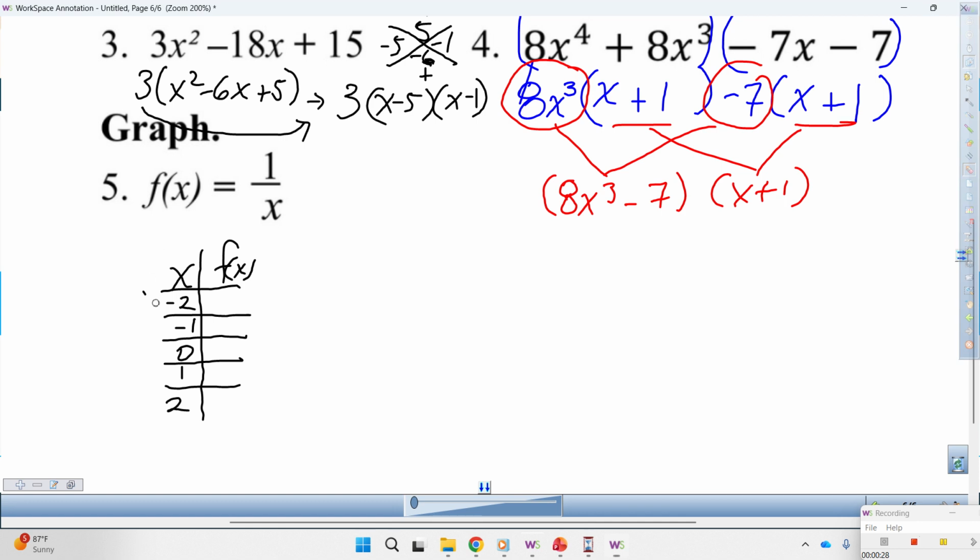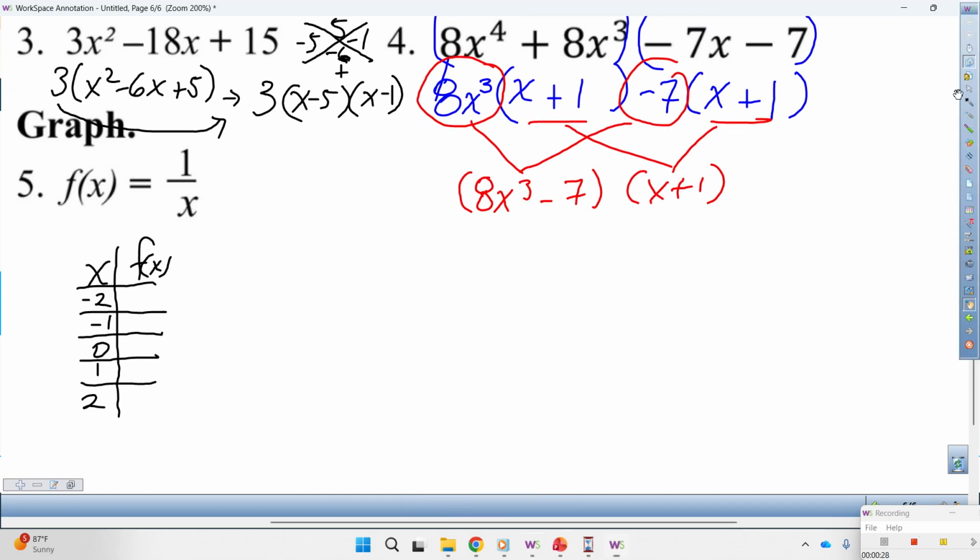How did it do the same thing? Maybe the technology wants to give us a day off or something. No. All right, let's try it again. -2, we're going to substitute right there. It worked perfectly. So that is 1 over -2, which is -1/2.